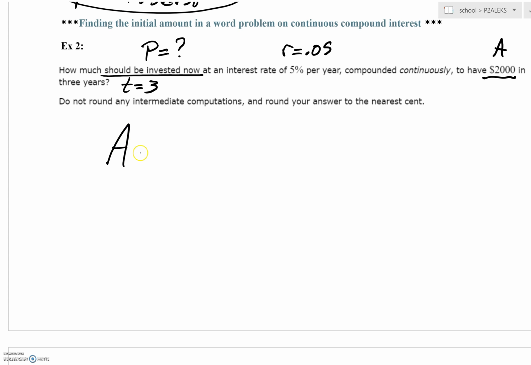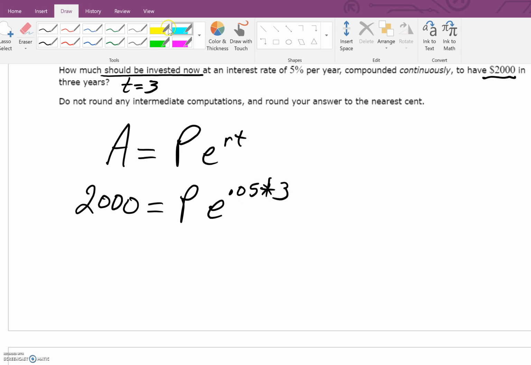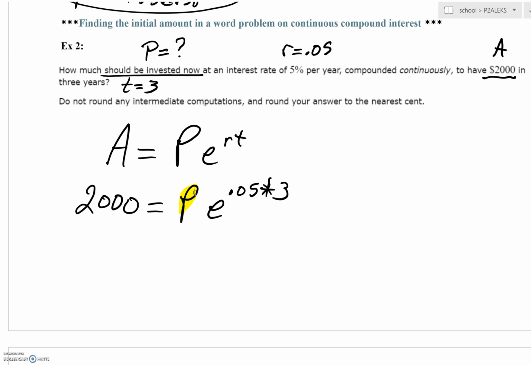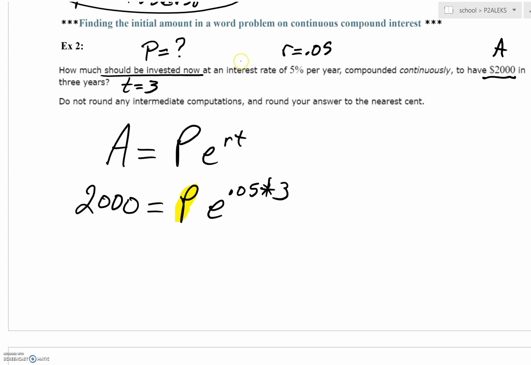So here's what we've got. You're going to put 2,000 over here, and you're going to have 0.05 times 3. Okay, here's the thing. You want to solve for P. You're trying to find P. What does it mean to solve for a variable?